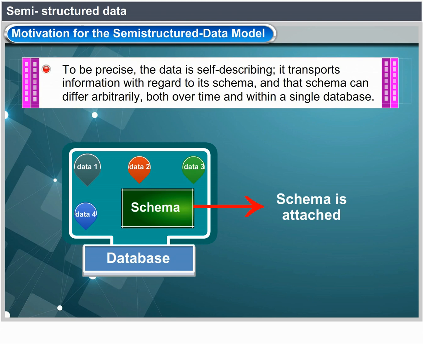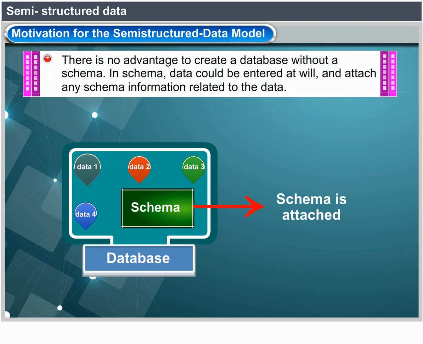It carries information about what its schema is, and the schema can vary arbitrarily both over time and within a single database. One might naturally wonder whether there is an advantage to creating a database without a schema, where one could enter data at will and attach to the data whatever schema information you felt was appropriate for the data.